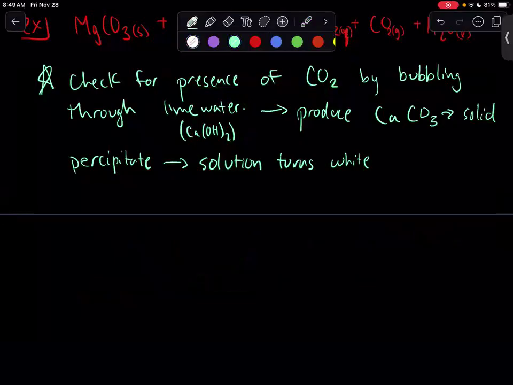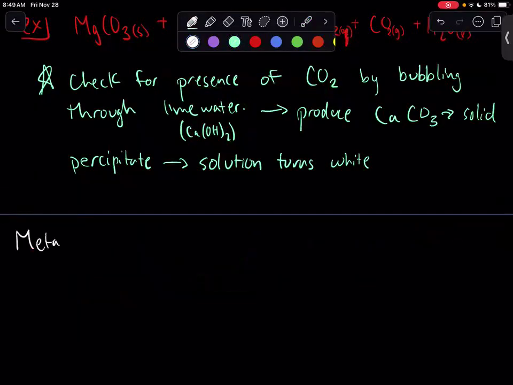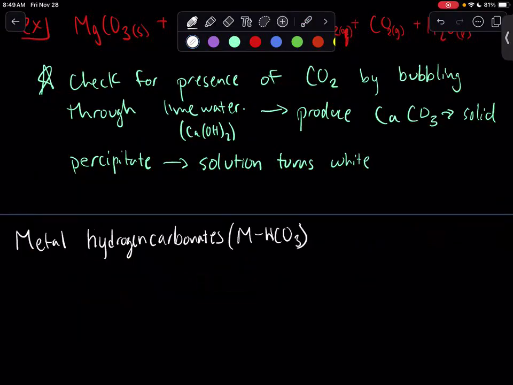All right, moving on to metal hydrogen carbonates, which is MHCO3, or metal bicarbonates.